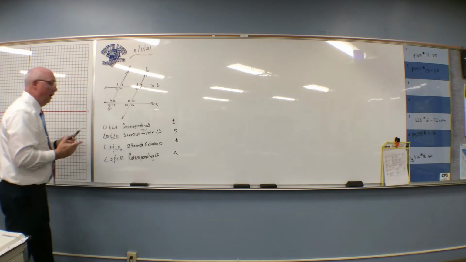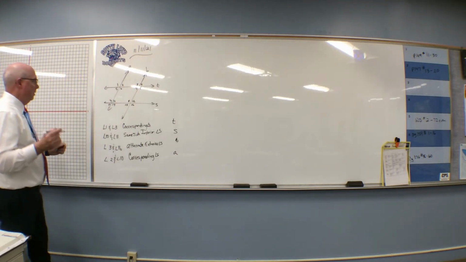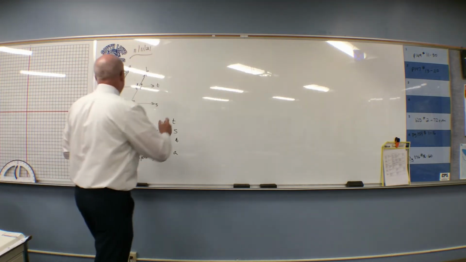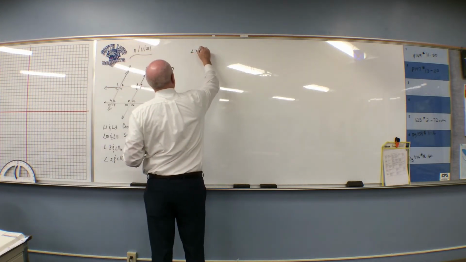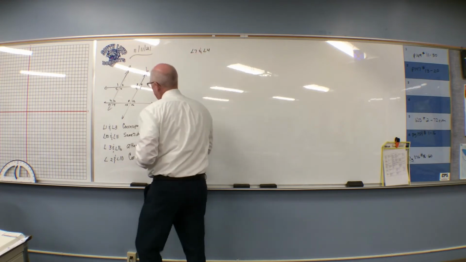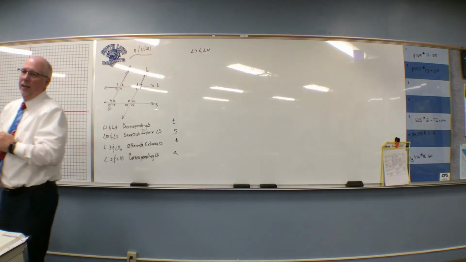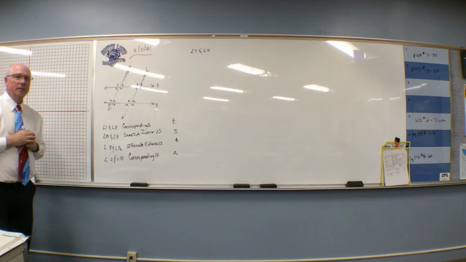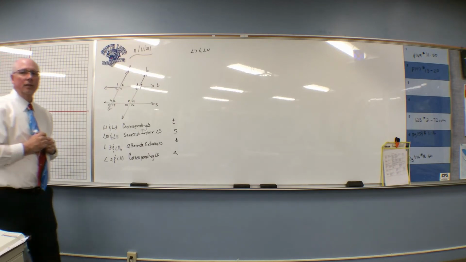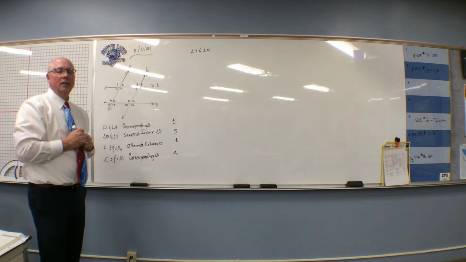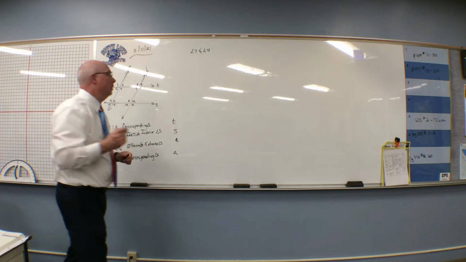Okay, now, sometimes the author will do this. He'll do angle 7 and angle 4. They're not corresponding, they're vertical angles.